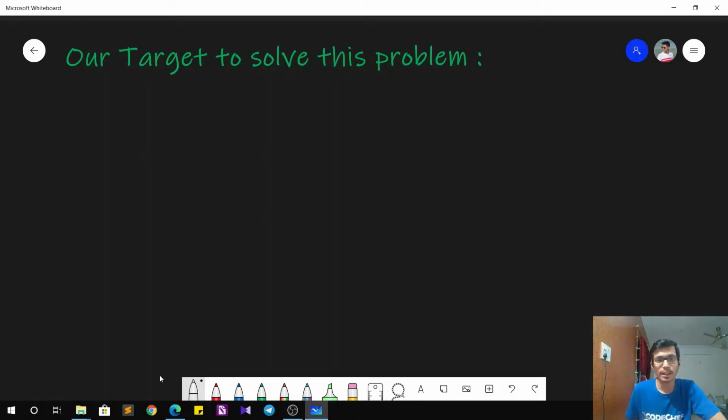So our basic target to solve this problem is going to be as follows. Remember that for each test case, we will be given three integers, namely n, k and x.